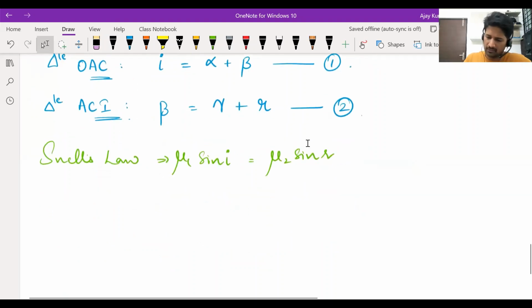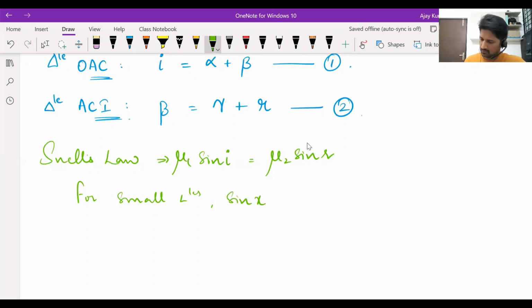And can one of you tell me, for small angles, what is sin x approximately equal to? Suppose x is a small angle, what is sin x approximately equal to? Or you must have studied something like this. Limit x tends to 0, sin x by x.